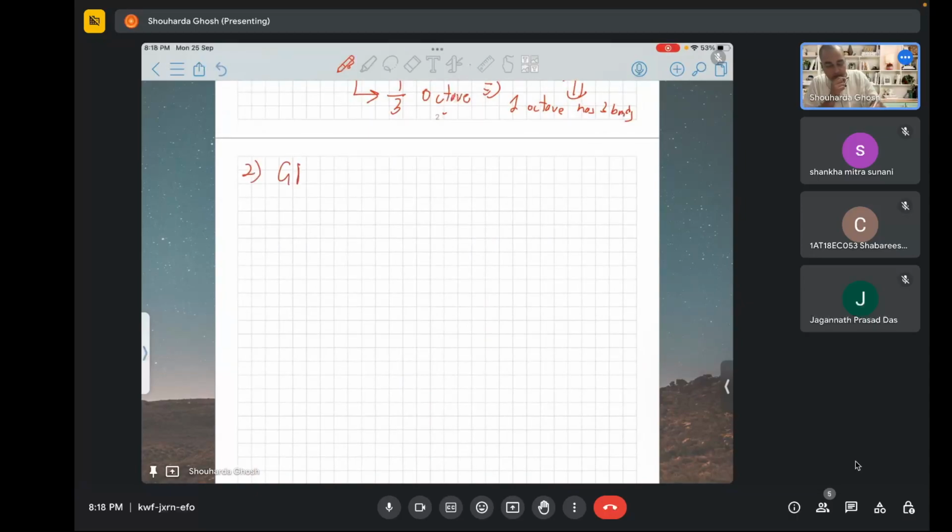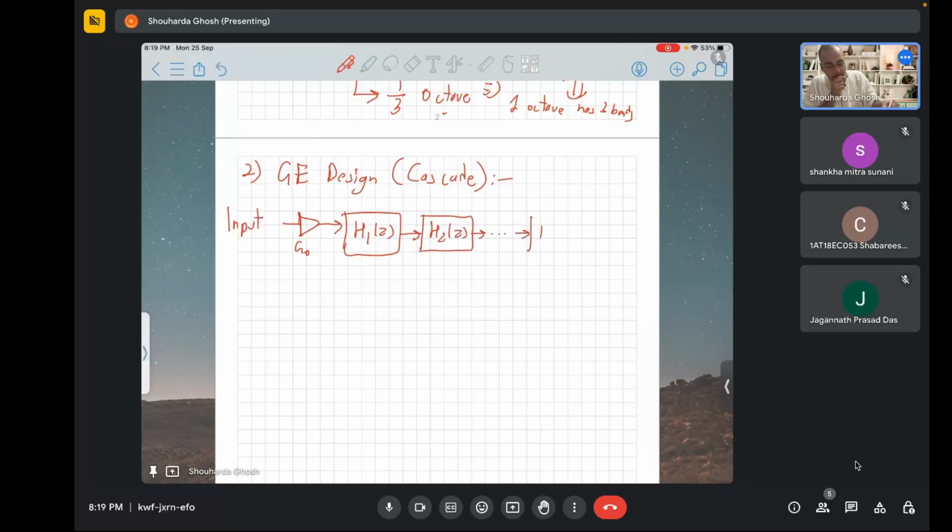Okay, so GE design in cascade, how does it look like? You have an input, you have an overall gain G0, which is like your volume button, low or high. Then you have the first filter, the second filter, up to m such filters, and then you get the output.